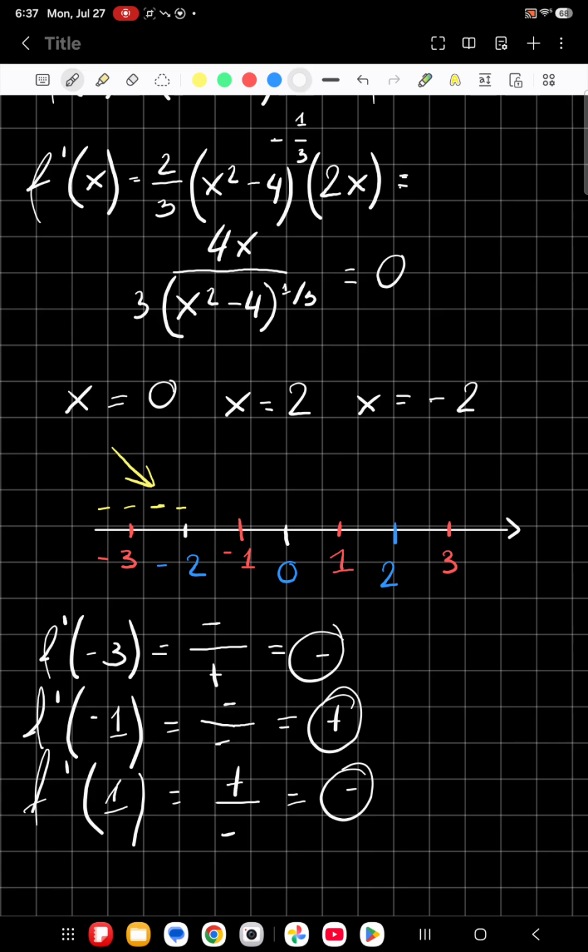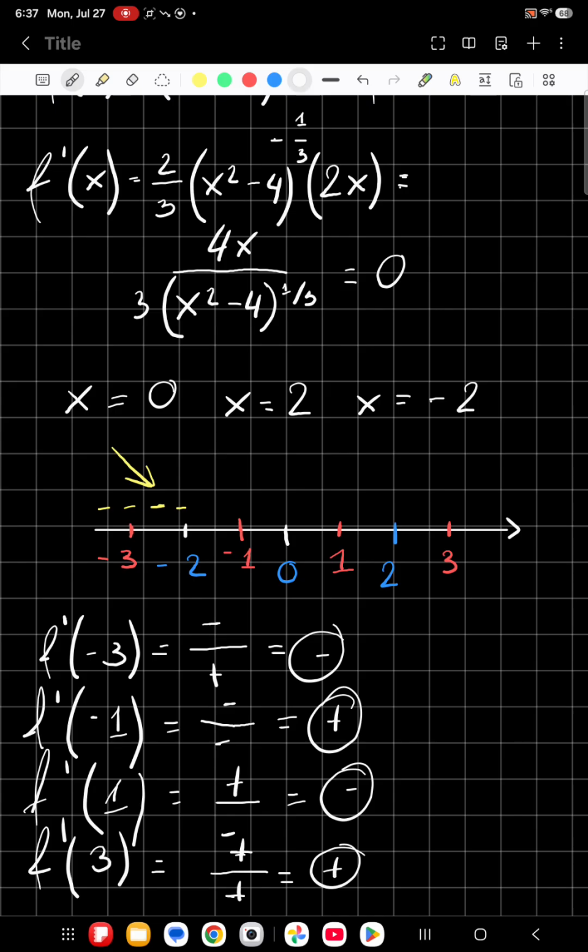And the last one was f prime of 3. The top is positive, and for the bottom, I'm plugging in 3, so 9 minus 4, positive. So the whole thing is positive.